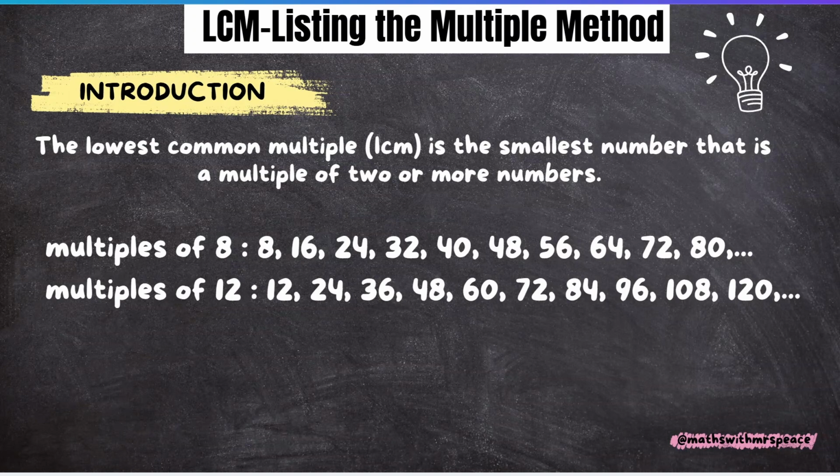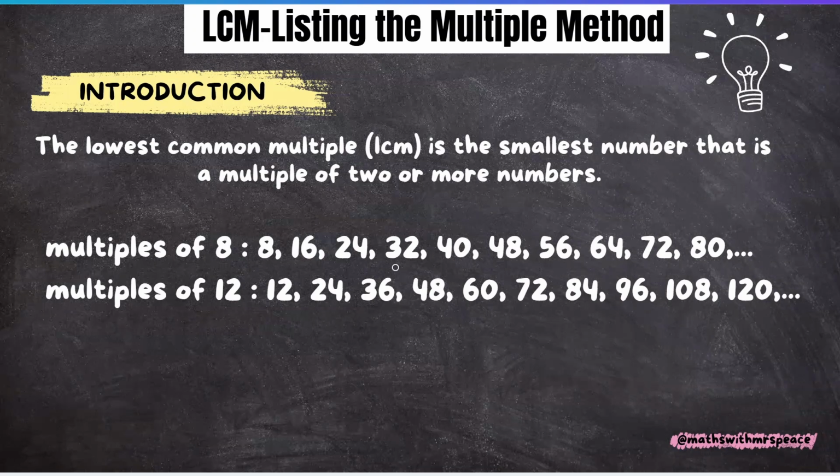For the listing the multiples method, as the name implies, we'll begin by listing the multiples of the numbers. For example, to find the LCM of 8 and 12, we're going to begin by identifying the common multiples between 8 and 12.